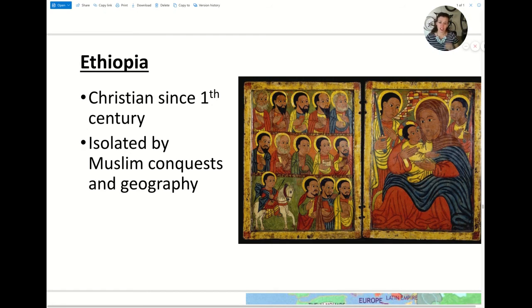So Ethiopian Christianity is going to develop its own tradition, just like you have Orthodox Christianity and Roman Catholic Christianity, right? You have Ethiopian Coptic Christianity. So we see that some Christian beliefs in Ethiopia will be blended with local animist beliefs about evil spirits and the need to wear amulets to protect against spells.